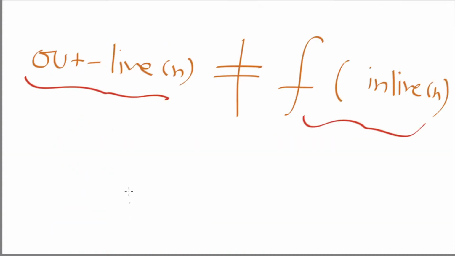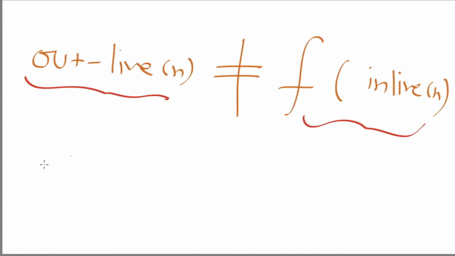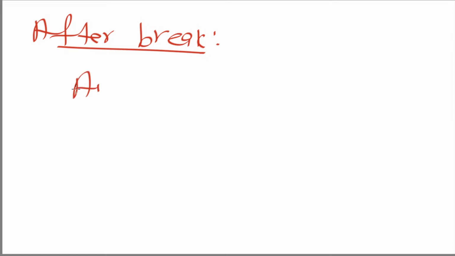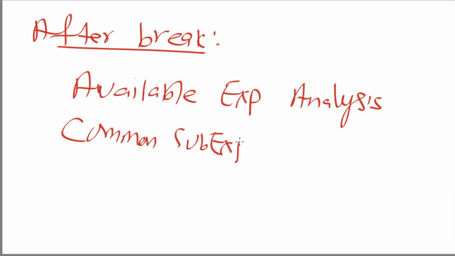So now we will take a break, and after the break we will do some more things like available expression analysis, constant propagation analysis. After the break we will do available expression analysis. We will do common sub-expression elimination.